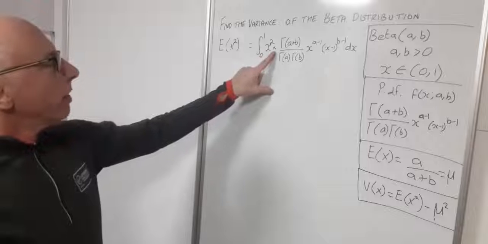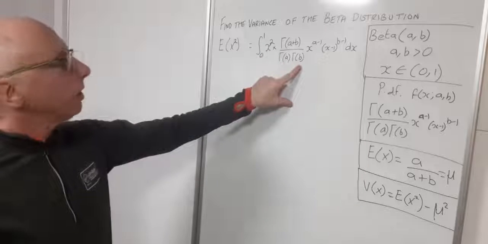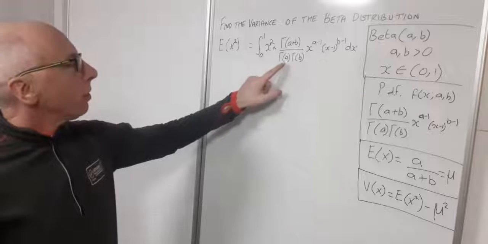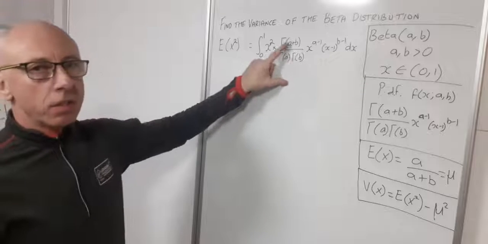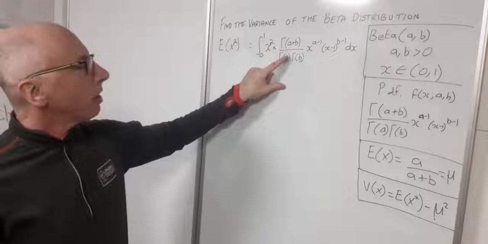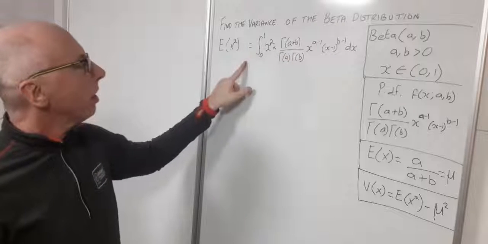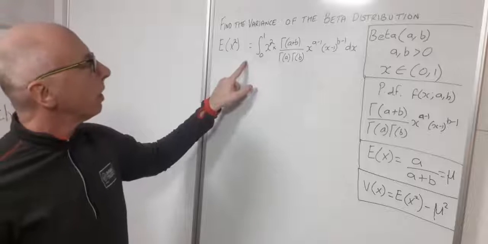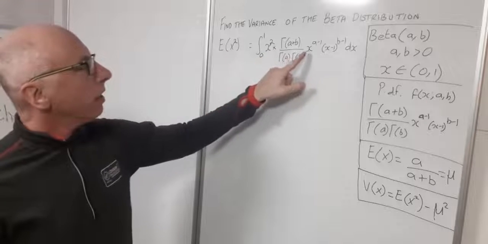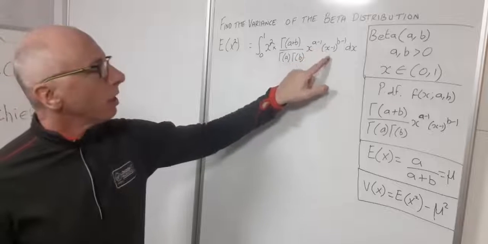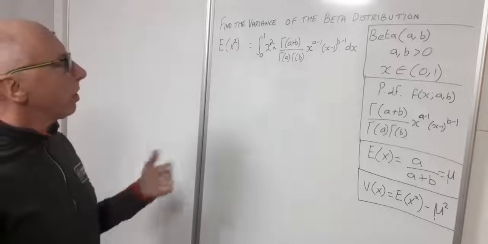So x squared times this gamma fraction here, and then these polynomials. These two gamma functions, this fraction, there's no variable x in there, so we can bring it outside of the integral. And then the x squared and the x to the a minus 1 we can combine. This one here we can do nothing with. So let's set that up.